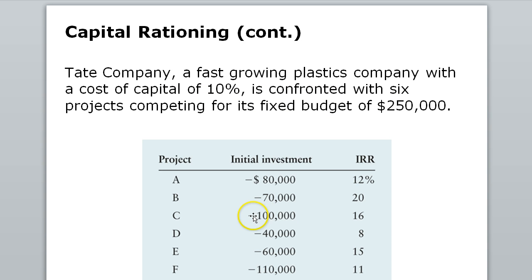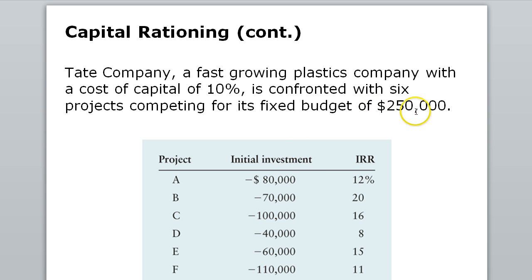So if we look at these, assuming a cost of capital of 10%, the 6 projects we're competing for, 1, 2, 3, 4, 5, 6 projects, here's the internal rate of return. We see all of them but one project is above 10%. So we could theoretically, if we had enough money, accept 5 of these 6 projects.